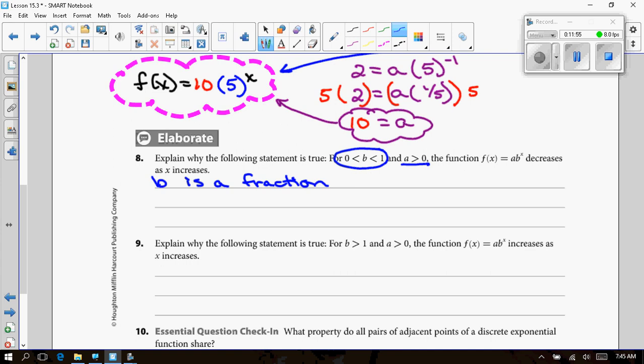It can't be negative. But the key that we need to know is that b is a fraction. So if I multiply by a fraction, I know my answers will get smaller. So the output will get smaller.